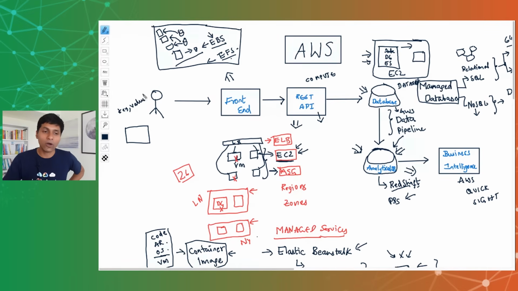So the value is the file itself, and the key is a unique thing you give to identify a specific thing, right? So when you want to do things like that, that's when you go for something called object storage.